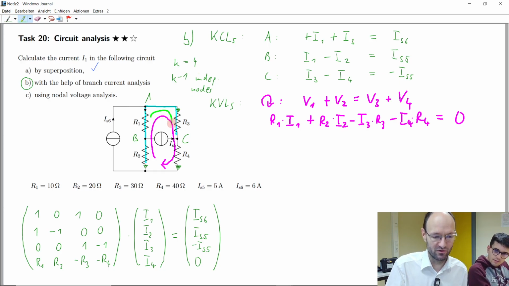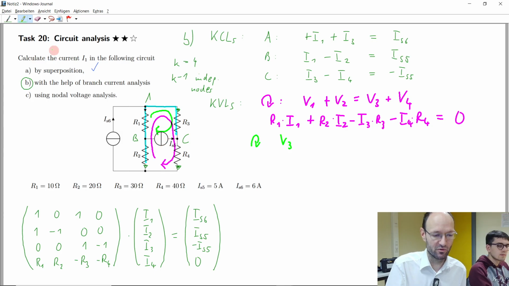So if we would write a Kirchhoff's voltage law for this mesh here, let's say we start here, we go in the same direction as V3, and in the opposite direction as V1.